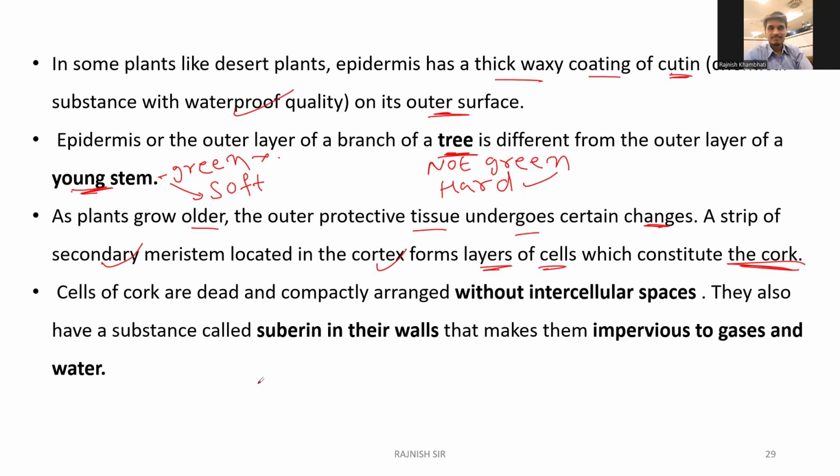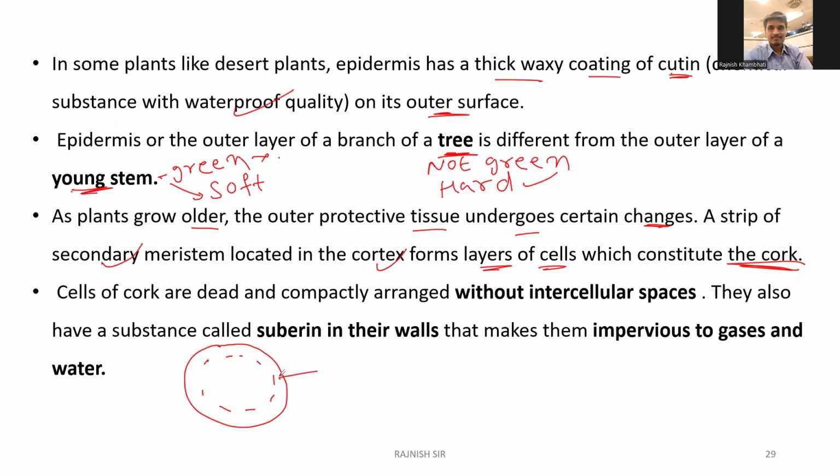Now, what is happening? I will draw this so that you can understand. As it is growing old, this is the section of a stem. Slowly inside, like this, a small portion is growing.